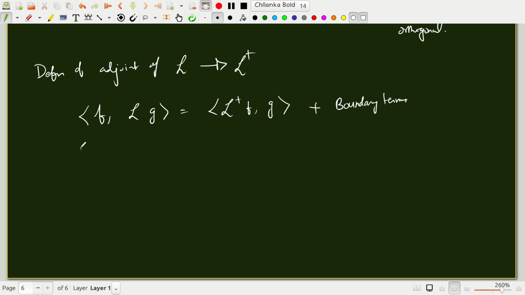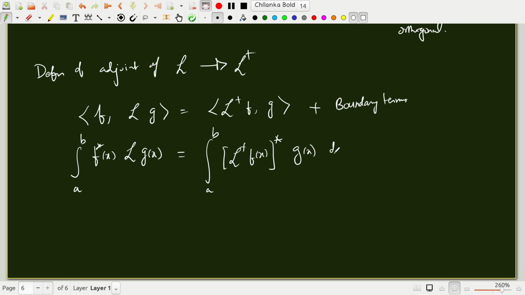So the meaning is, over some domain a to b, integral of f star of x operating on L g of x is equal to integral from a to b of L dagger f of x whole star, the complex conjugate, times g of x dx plus boundary terms.